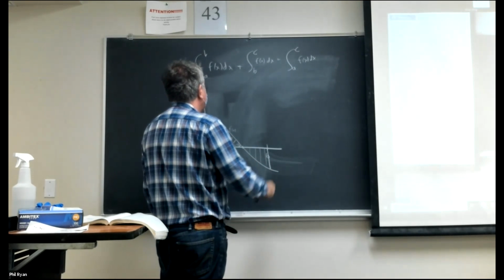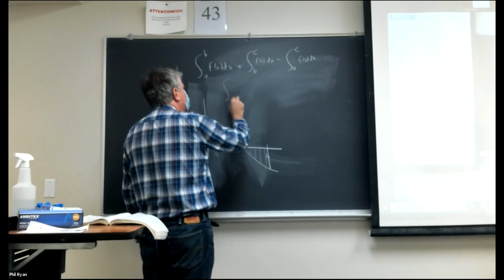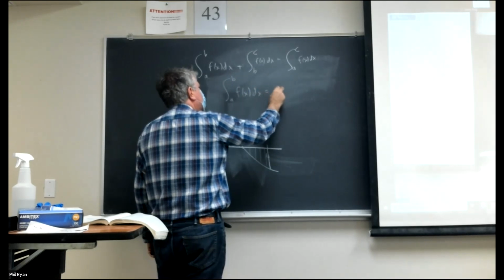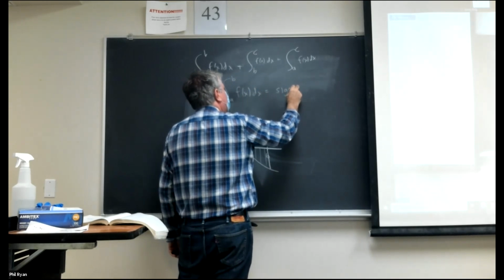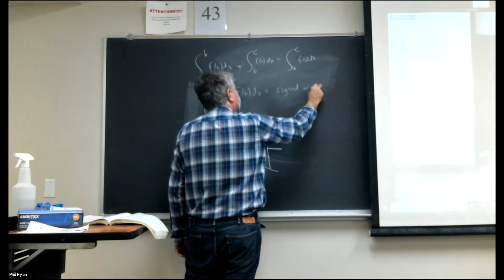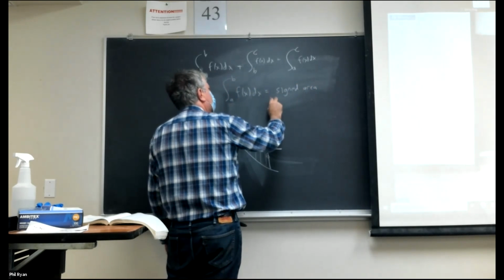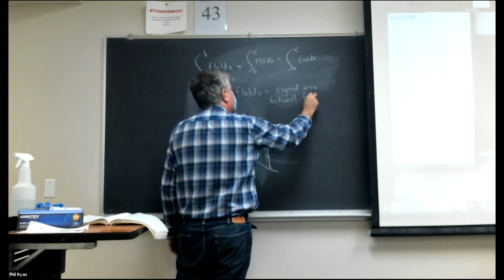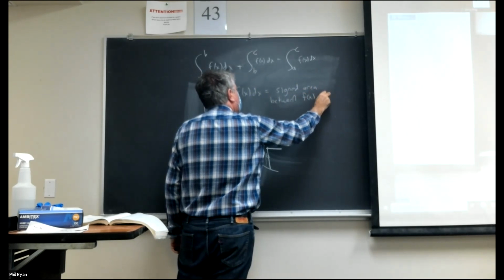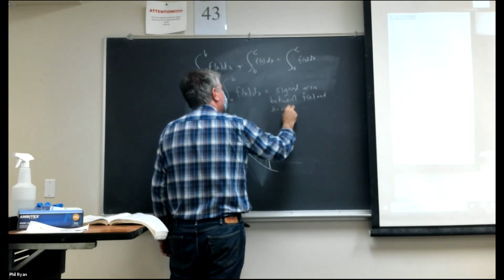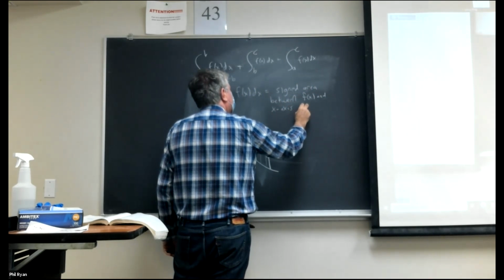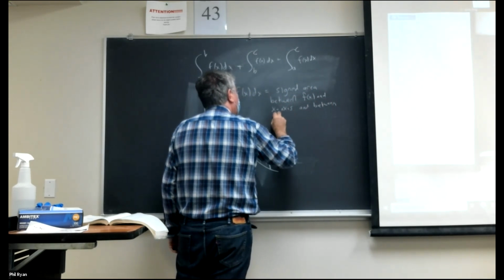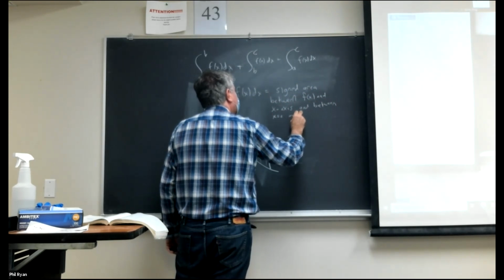So what the actual interpretation of this thing then is the "signed area" between f of x and the x-axis and between x equals a and x equals b.